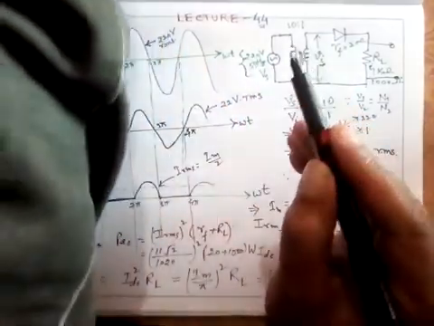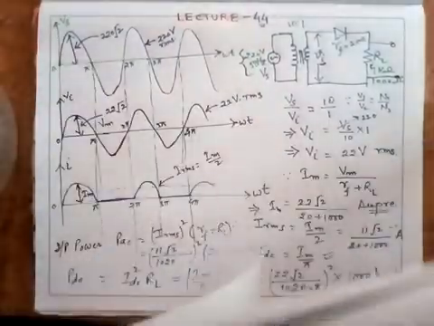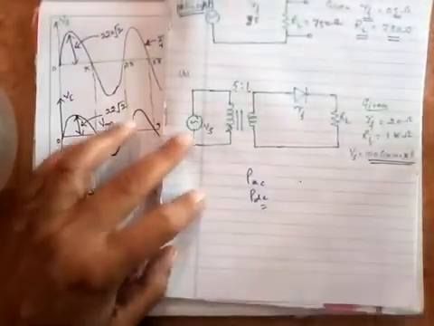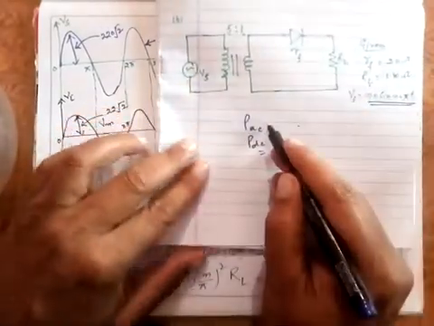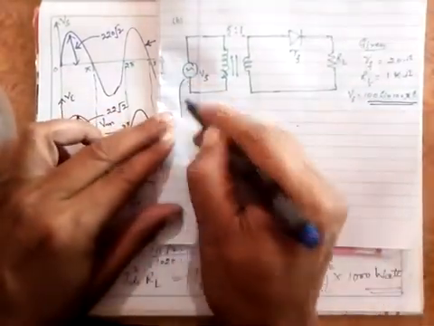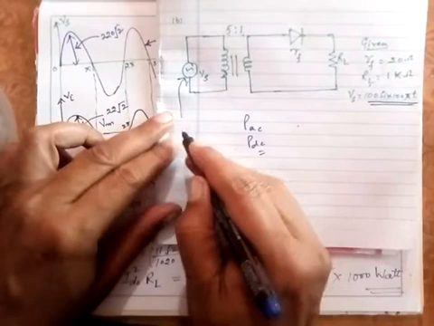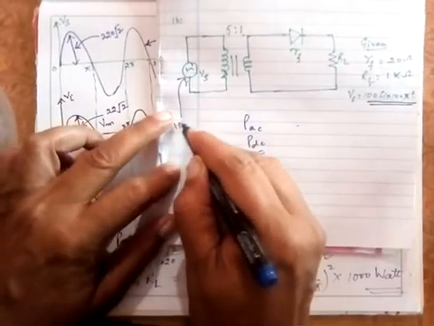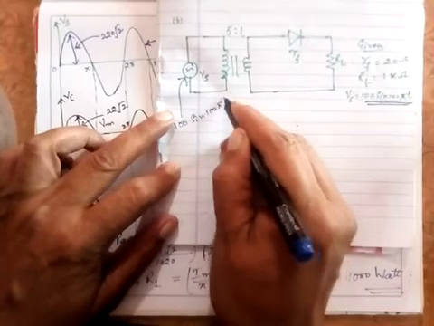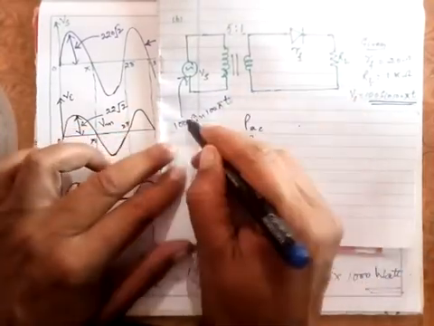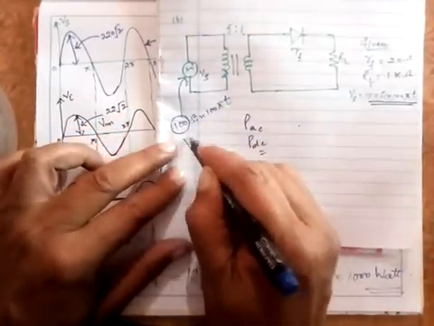On the other hand, suppose I take one more problem that I did with you. Look at this problem. It was given in this problem that this is equal to 100 sine 100 pi t. This problem I have done with you. This value was Vm.